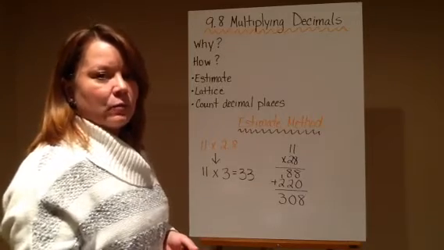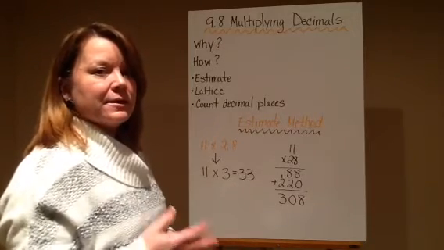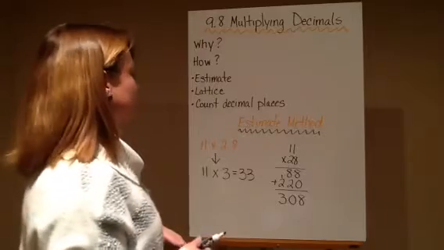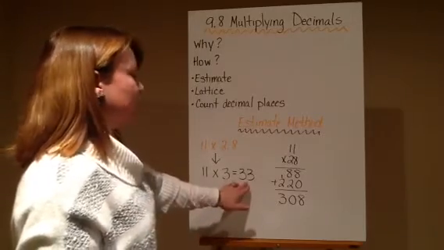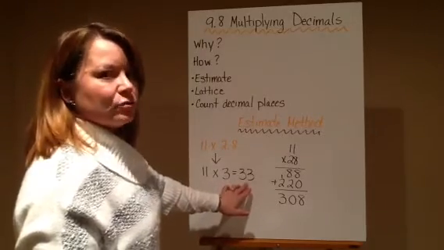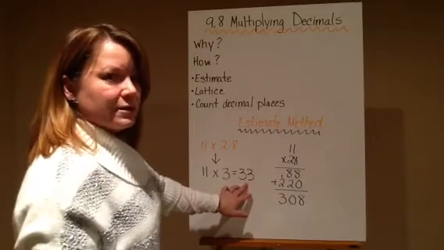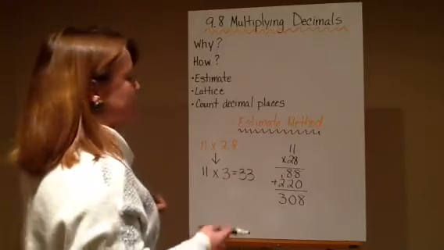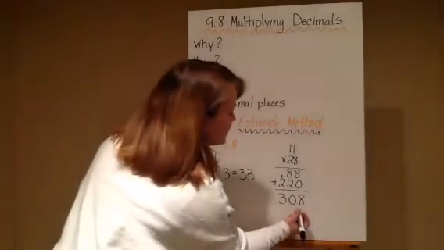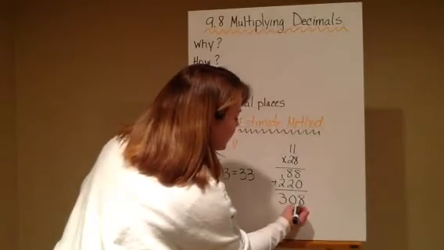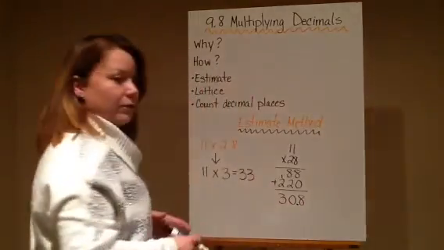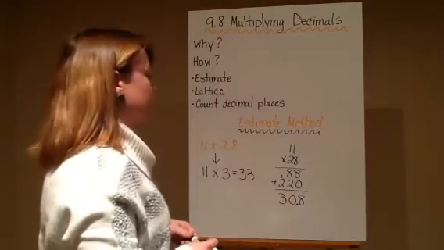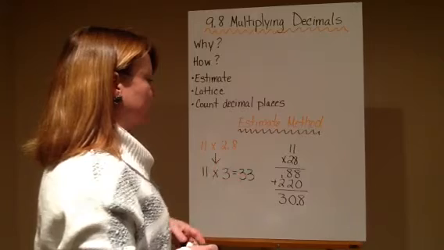Now comes the time when we look back at the estimate we did to start with. My estimate was 33. My answer was not in the 300s, was it? It was in the 30s. So that means it makes the most sense for me to put my decimal point right here. So this is one method that you can use.